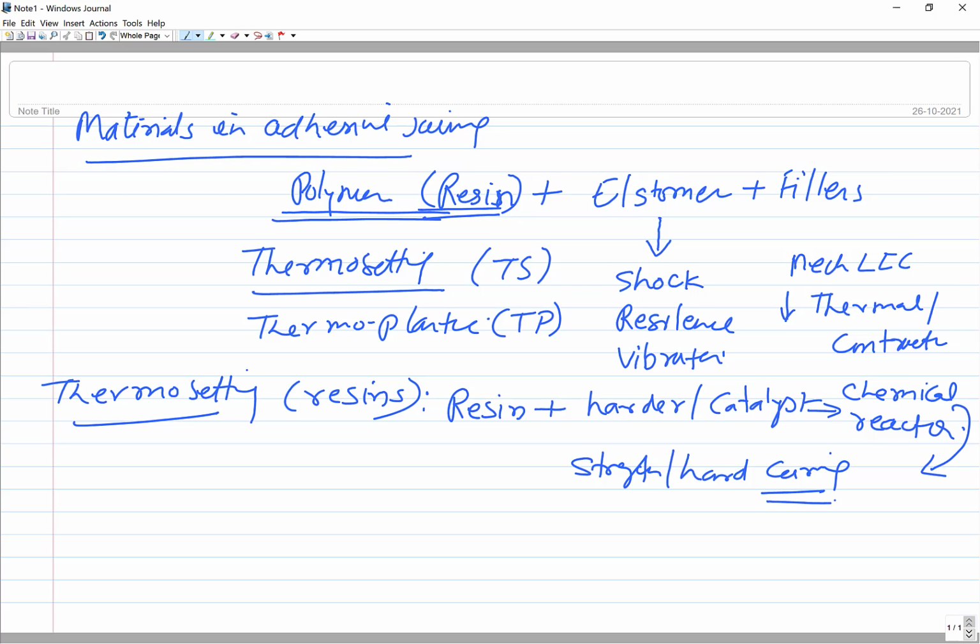So during the curing, the hardening and strengthening of these resins happens.